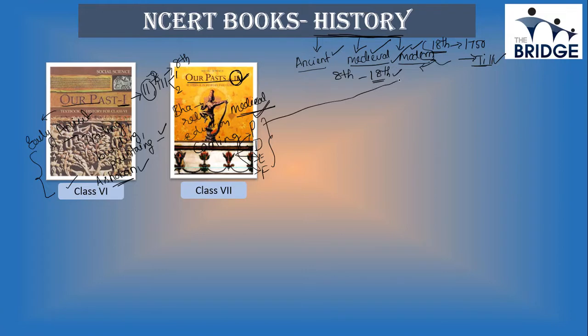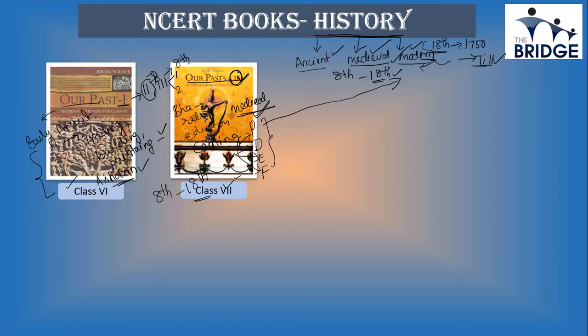That is going to come under the modern period. So the medieval period discusses the various elements of Indian history between the 8th century and the 18th century. So this is the content of the 7th class book.